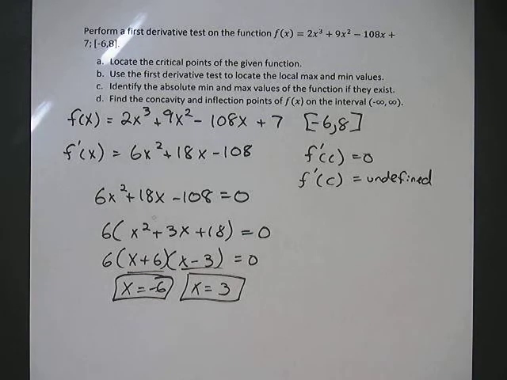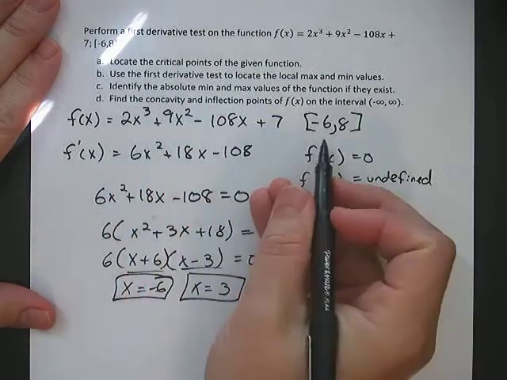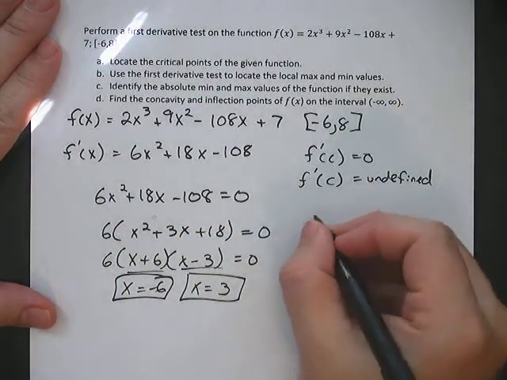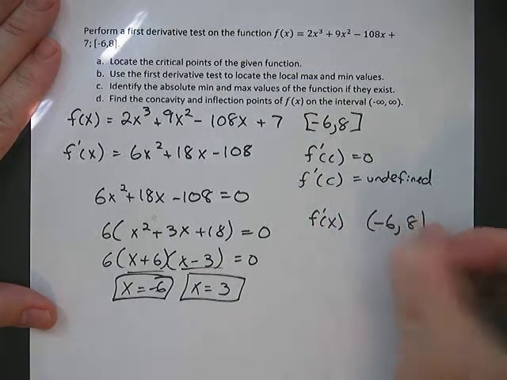Keep in mind that your endpoints, when you take the derivative, become an open interval, not a closed interval. So if f of x is closed on the interval -6 to 8, f prime exists from -6 to 8 on an open interval.